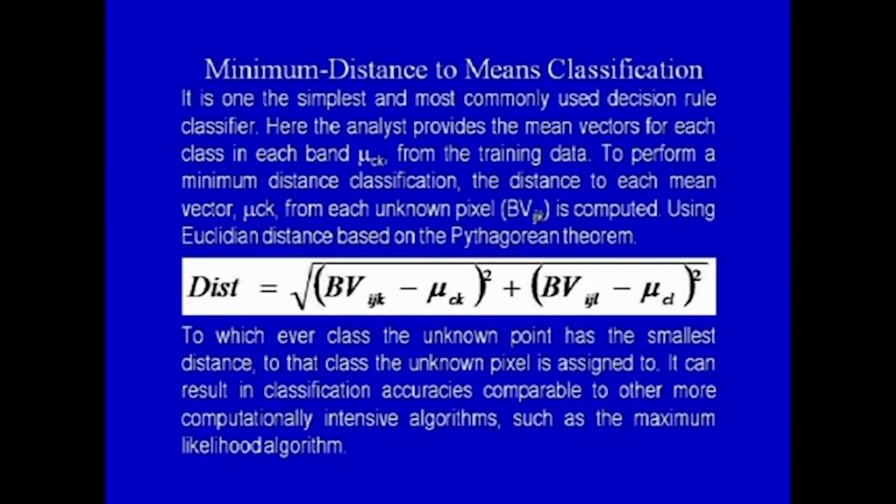To whichever class the unknown point has the smallest distance, to that class the unknown pixel is assigned. It can result in classification accuracies comparable to other more computationally intensive algorithms, such as the maximum likelihood algorithm.